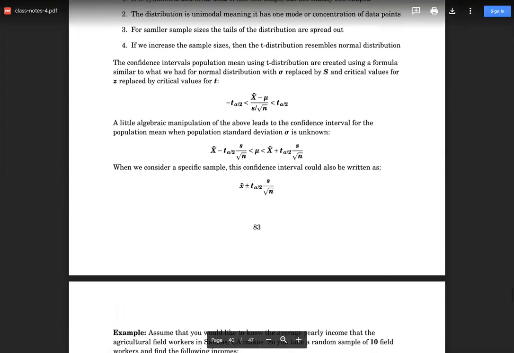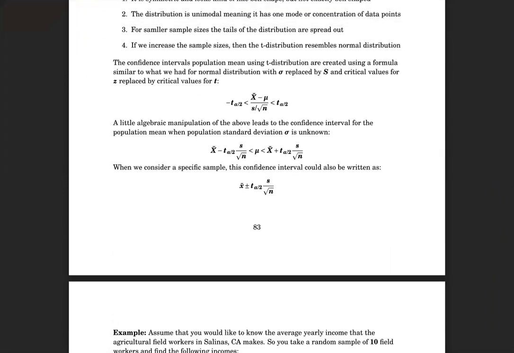Just to give you a heads up, in the real world, you really don't know sigma as much, okay? In the real world, you don't know sigma. Most of the times, what you know is S, standard deviation from the sample. If you collect data, you can calculate standard deviation. In the real world, honestly, you don't know sigma pretty much most of the times. So you have to base your calculations off of sample standard deviation.